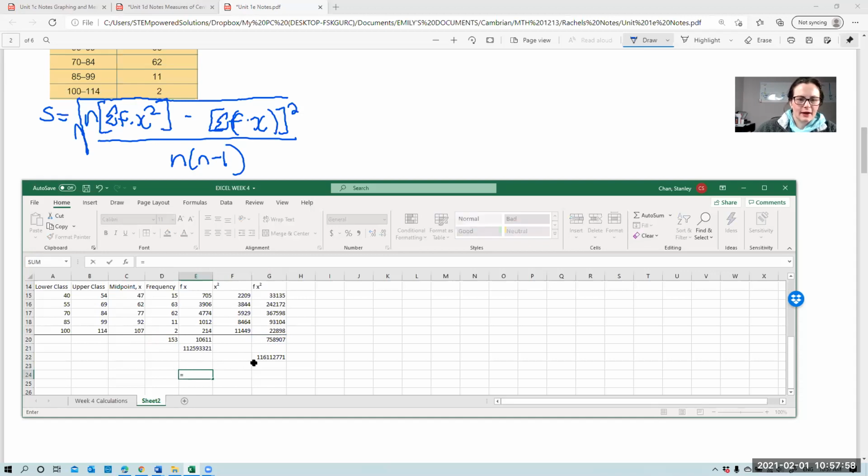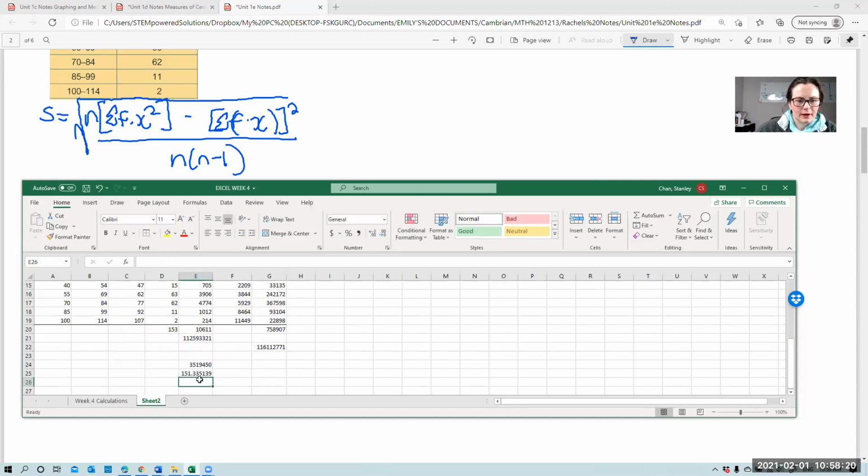This value right here, subtract this value right here, equals that value. And then I'm going to divide it by 153 times 152, which equals 151.